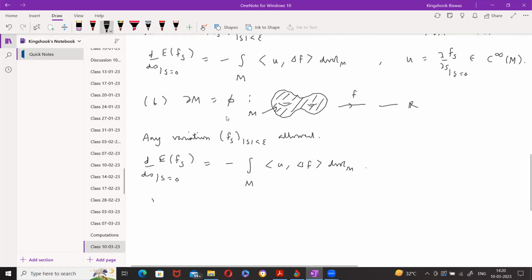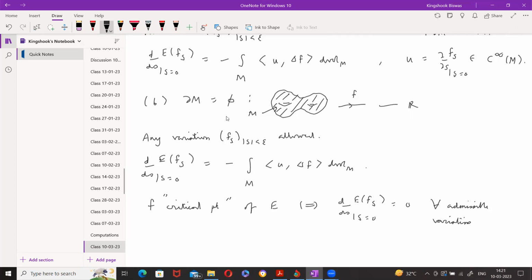So f is a critical point of the energy functional if and only if the first variation of energy is 0 for all variations f_s.